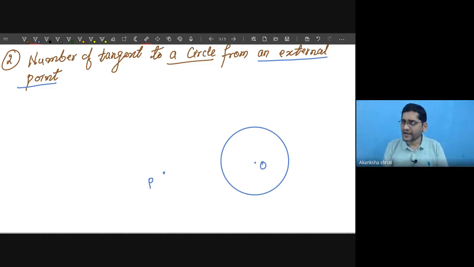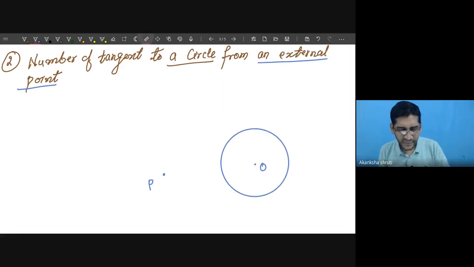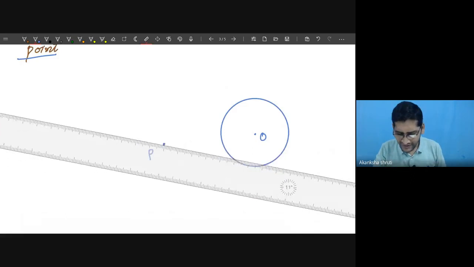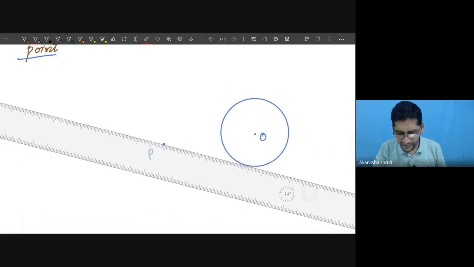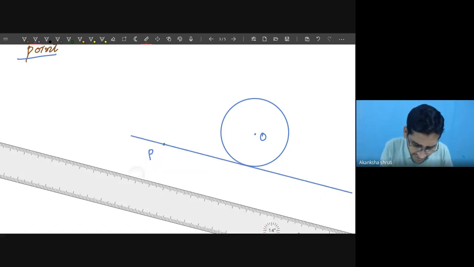So from this P, we want to draw a tangent. For drawing the tangent, let me take the ruler. Students, let us try to adjust this. Keep this ruler passing through P and draw it. We have to make only one point common. Then we can draw like this, where we observe only one point as common. Let this line be XY, or maybe named as AB.